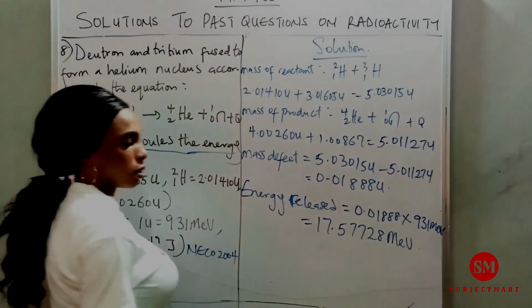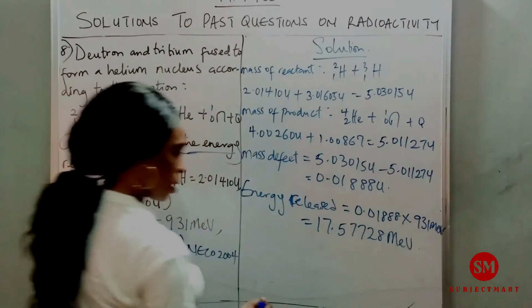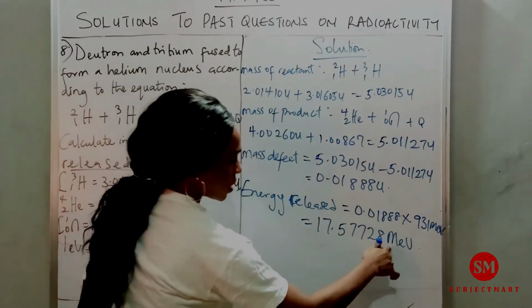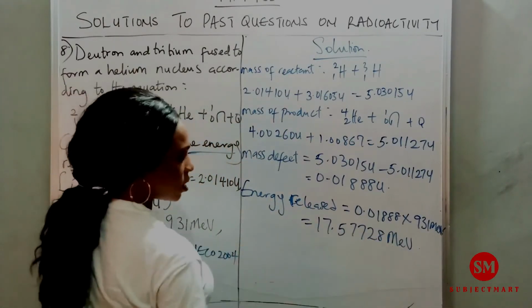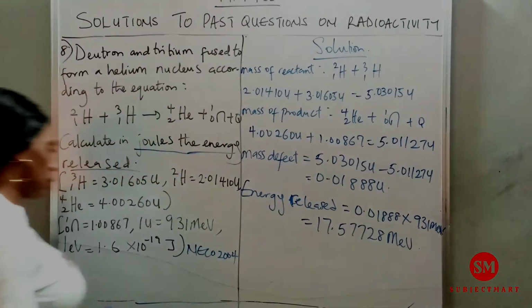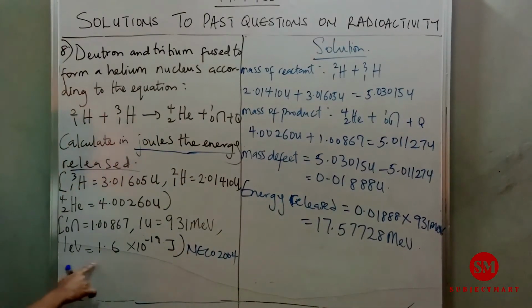Don't forget, this is 10 raised to power 6. This M here stands for 10 raised to power 6. So if we are converting this to joules now, 1 electron volt is 1.6 times 10 raised to power minus 19.